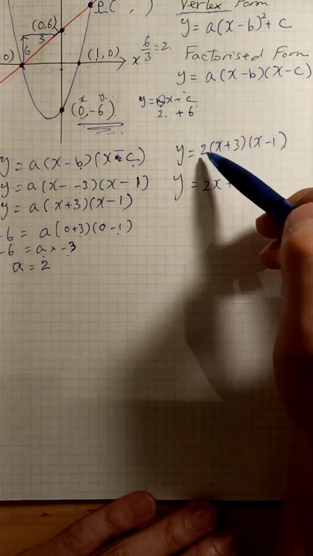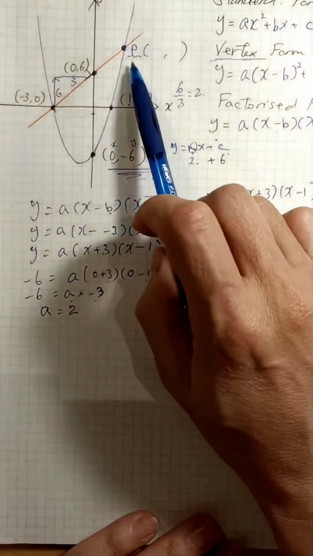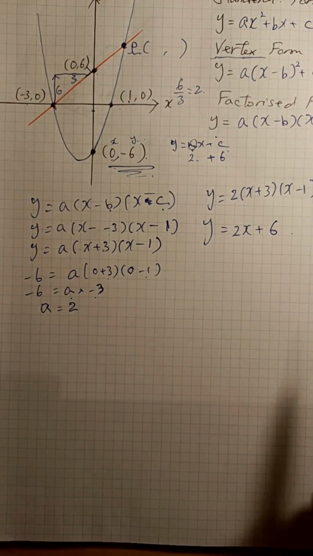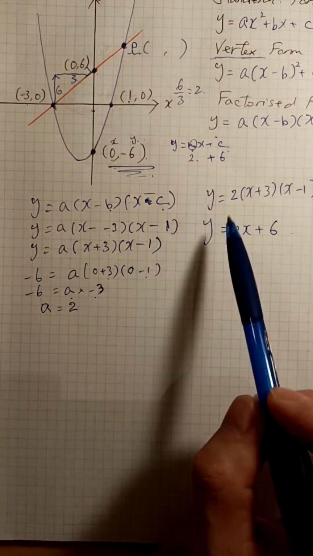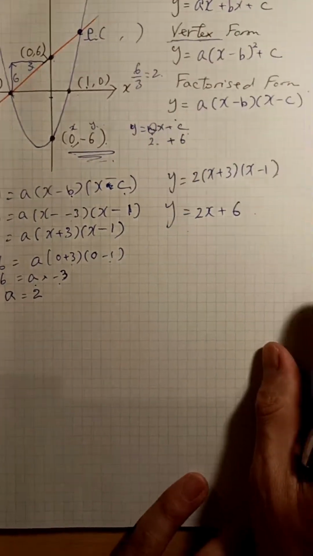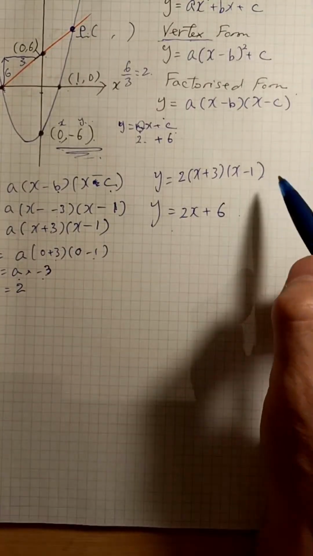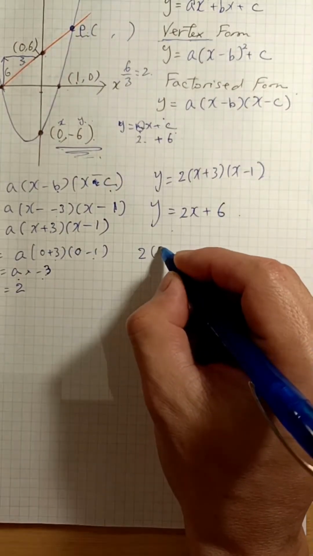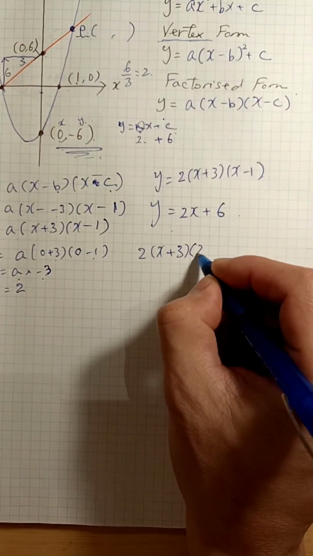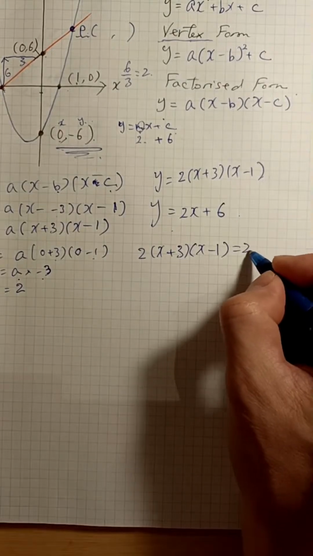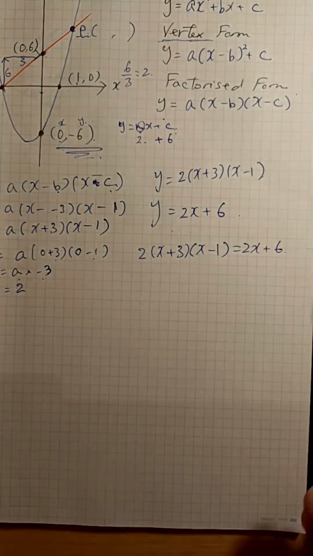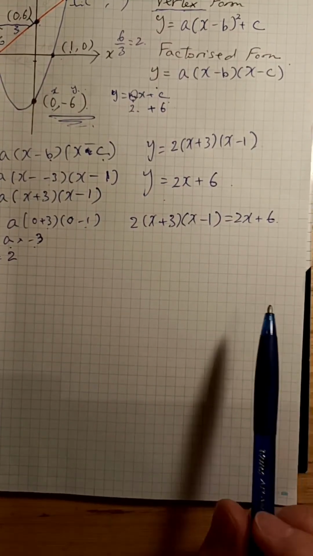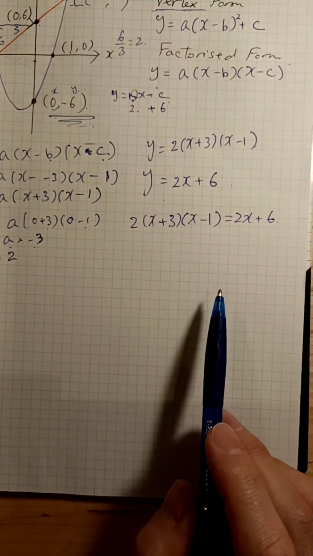And then do you remember how to figure out the coordinate of the intersection? You do a simultaneous equation, as I mentioned before. You set this equal to this, okay? 2 bracket x plus 3, x minus 1 equals 2x plus 6. And there is an easier way to do it.